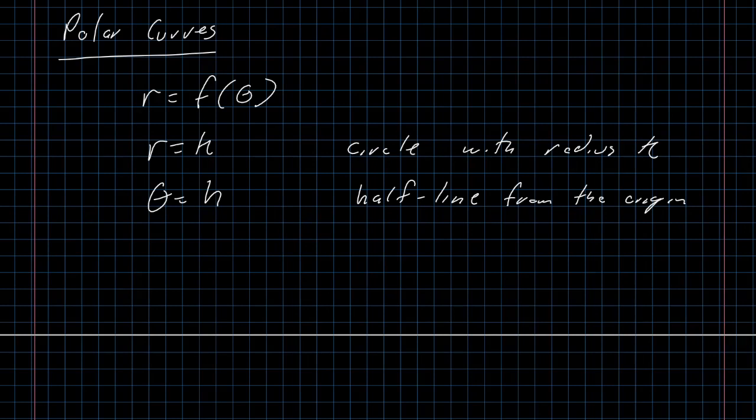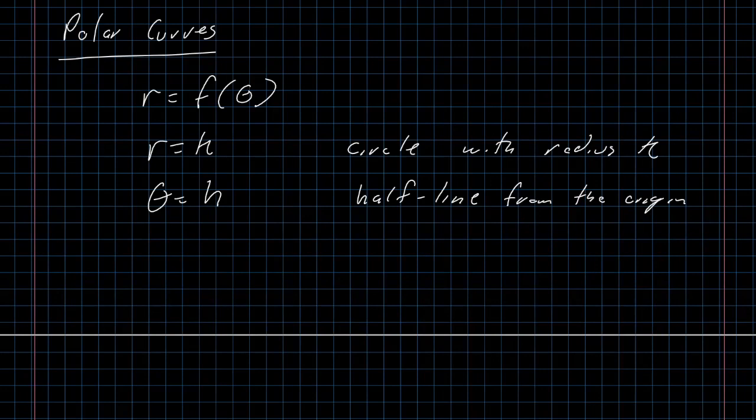But choose your direction and just go off in that direction. Those two polar curves you should be able to recognize without too much thought. More complicated polar curves, I'm exclusively going to look at through computer software.